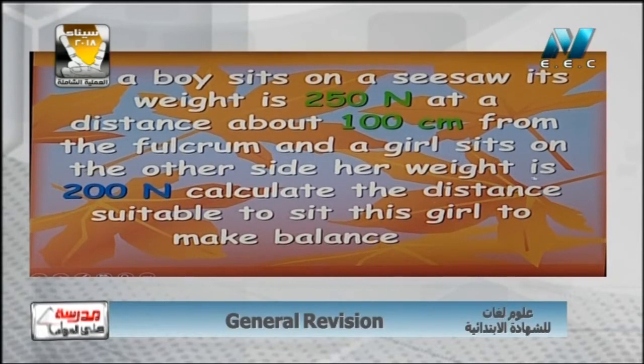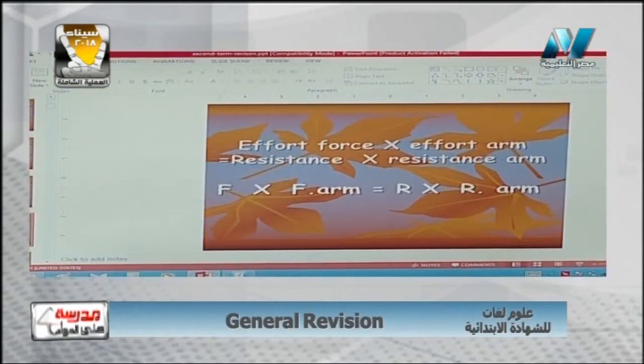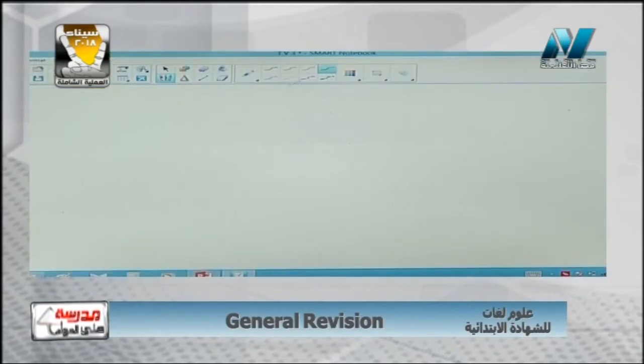So here we have the mathematical law: effort force times effort arm equals resistance times resistance arm. So here in the problem we have force times arm equals resistance times arm.